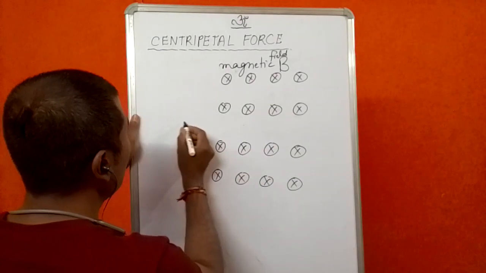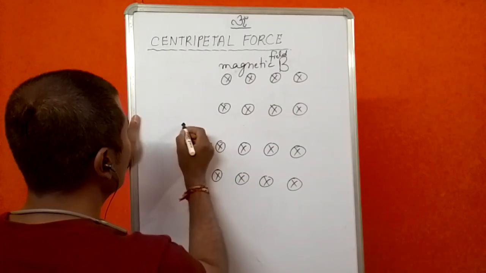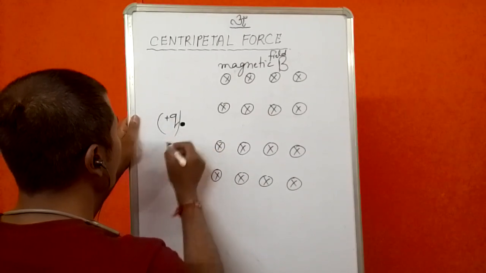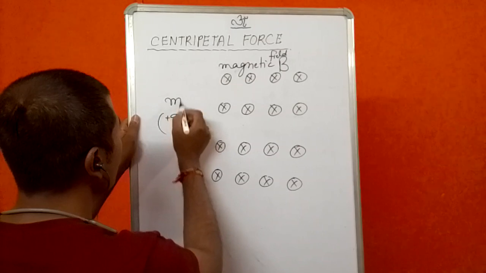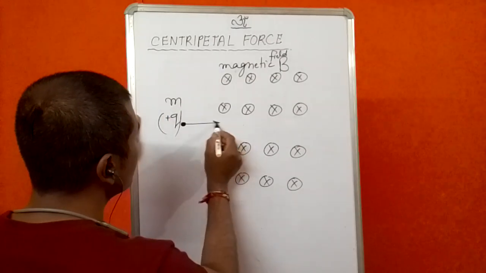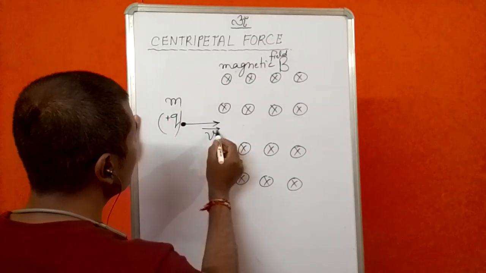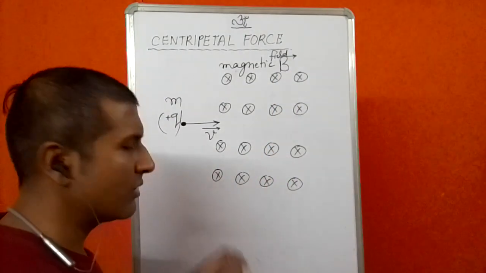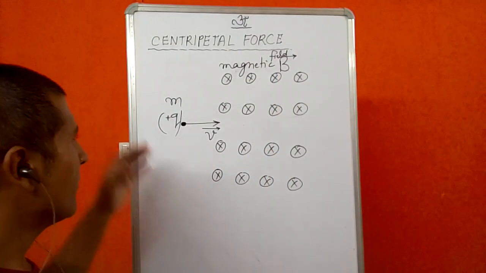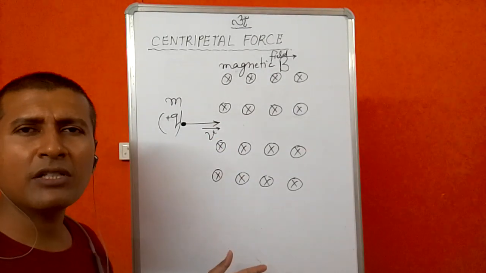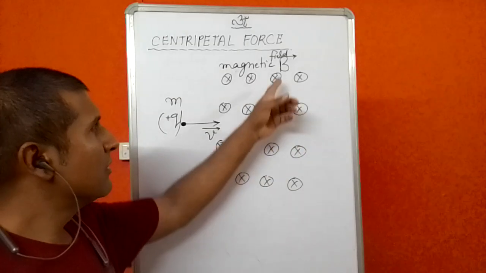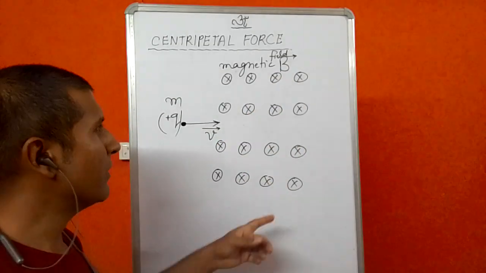And let's suppose we have a charge plus q of mass small m. It enters into this magnetic field with a velocity v, right? This magnetic field is also a vector quantity. Is the point clear? Means the situation has been given that there is a uniform magnetic field capital B, right?